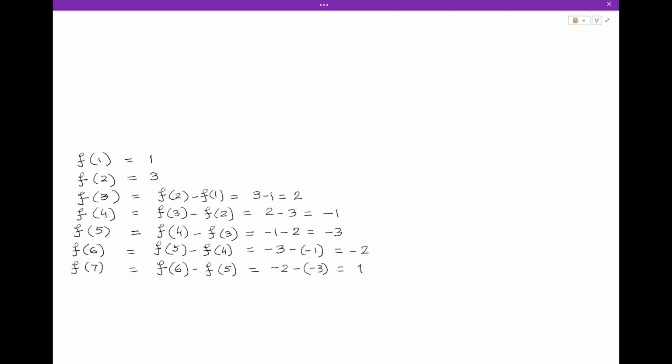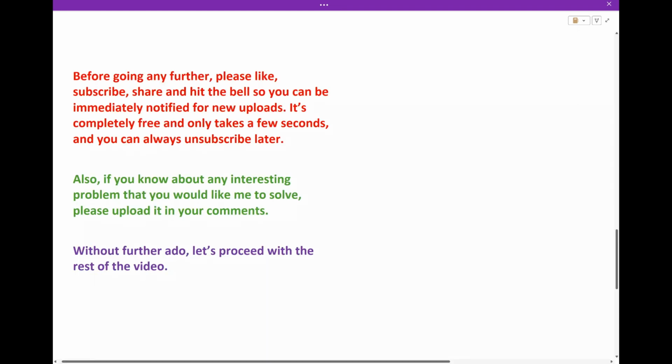Note here that the value of f(7) is 1 and the value of f(1) is also 1.